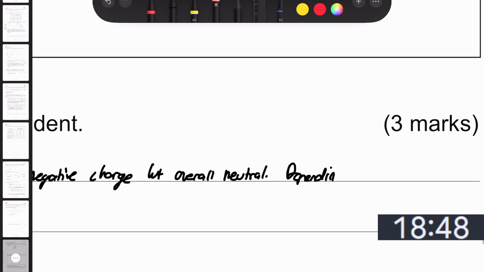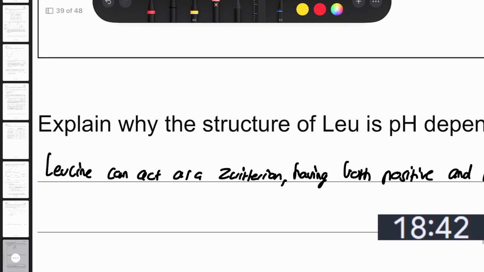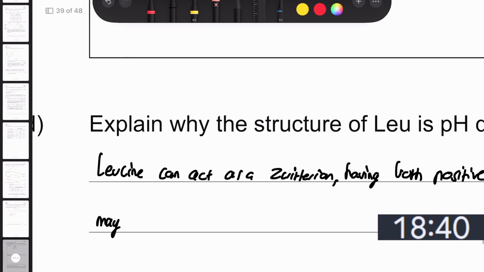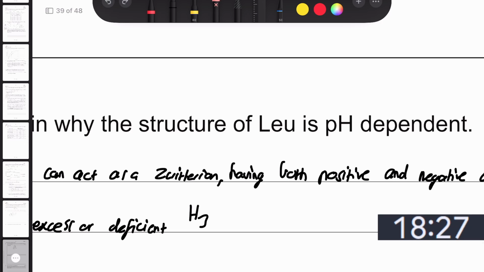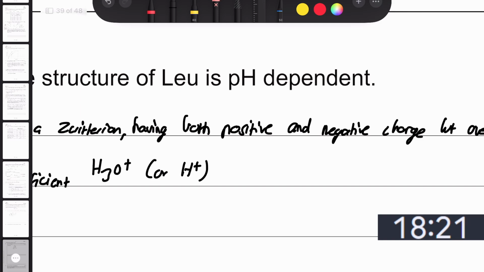Depending on pH, there may be excess or deficient H plus, H3O plus, or H plus in the solution.